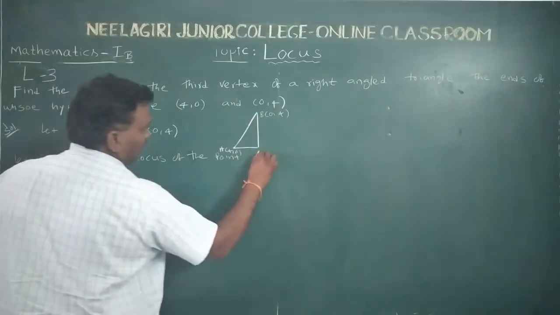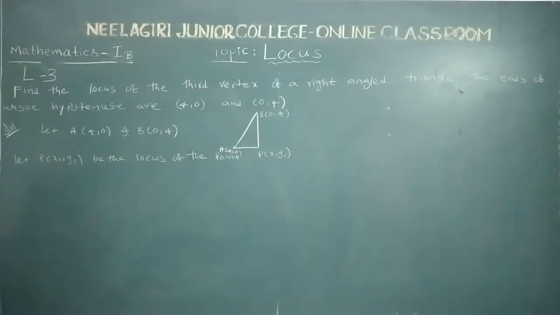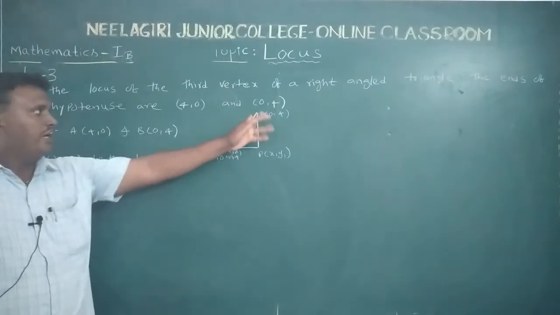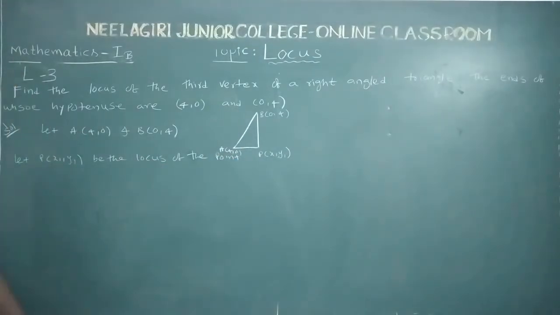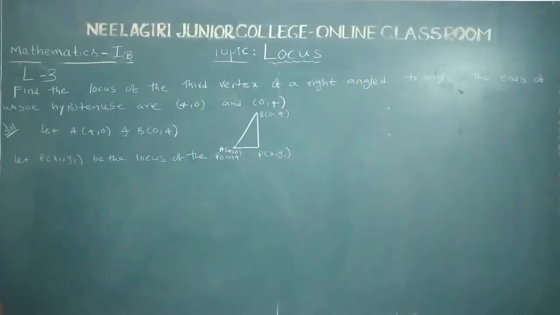Next, what is P? P is (x1, y1). The ends of the hypotenuse are (4, 0) and (0, 4), and the third vertex of the locus is nothing but P(x1, y1).